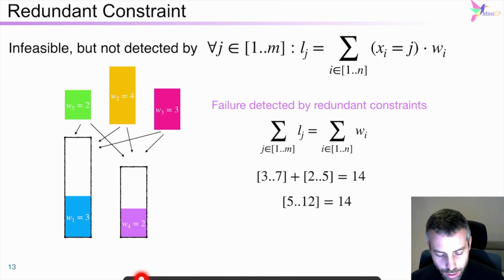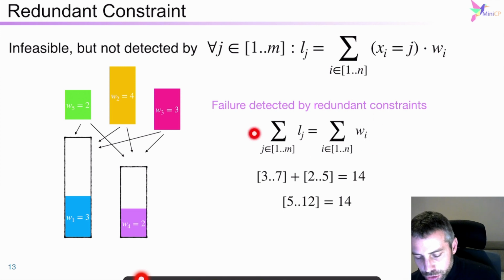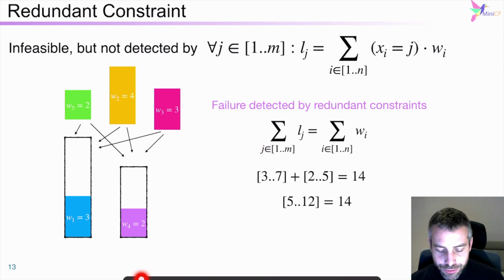That's fine, but if I sum all the weights of the items, I reach 14. Is it possible that 14 would be inside this interval 5 to 12? No, the answer is no. So this redundant constraint will detect that the problem is infeasible. We do not have enough space to pack the remaining items given the empty space that is available at that time. Again, without the redundant constraint, we do not see this failure, but with the redundant constraint, we detect it.